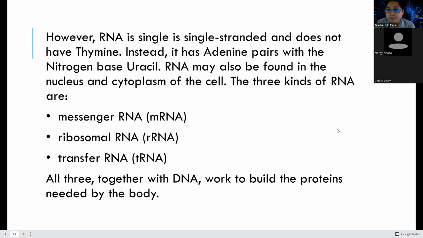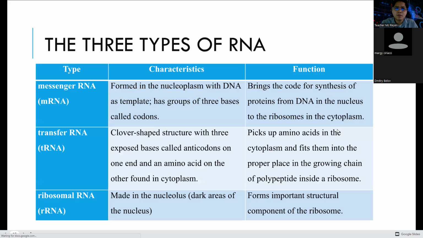Ribosomal RNA, rRNA, is to transport in the ribosomes. Transfer RNA, or tRNA, is for transferring decoded information. All 3 together with the DNA work to build proteins needed by the organism's body. These are the 3 types of RNA.